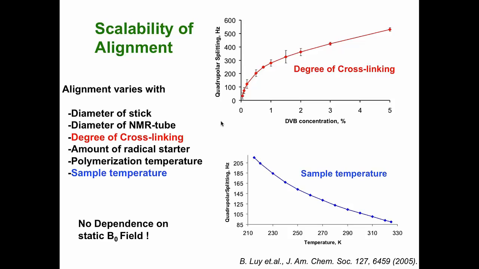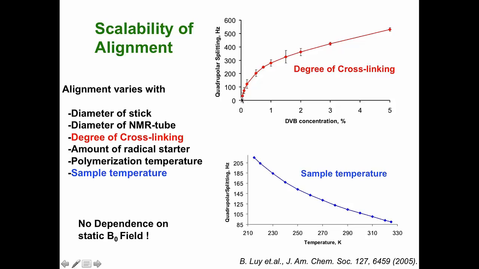So you cannot tune it, you cannot change it. The only way of changing it, as proposed here by Burkhard Luy in 2005, is, for example, to change the diameter of the stick, change the diameter of the NMR tube, or change the degree of cross-linking. Here the cross-linker is divinylbenzene, for polystyrene.